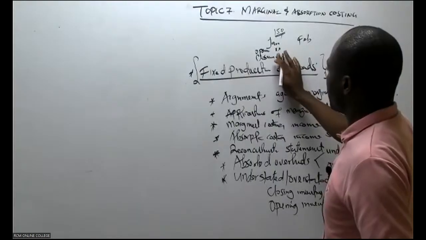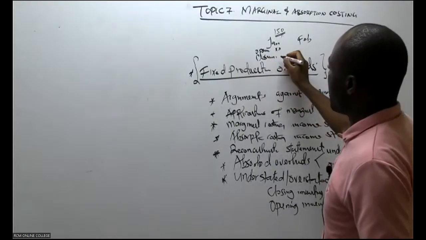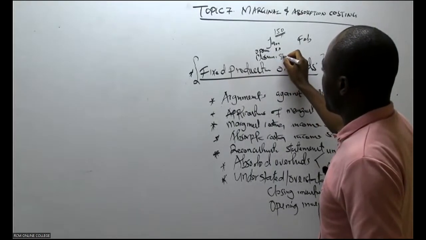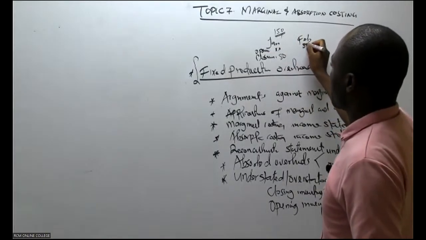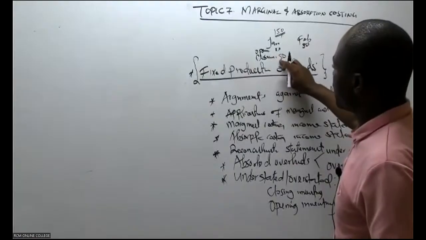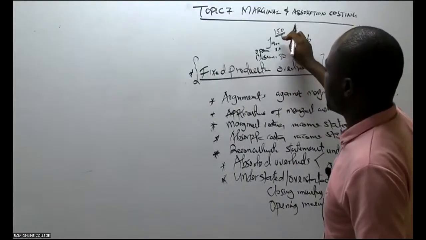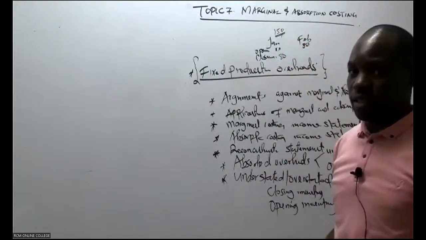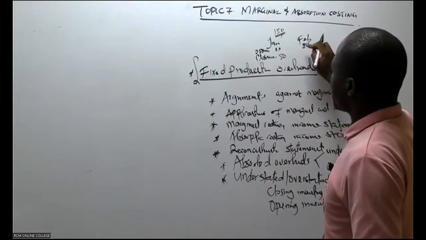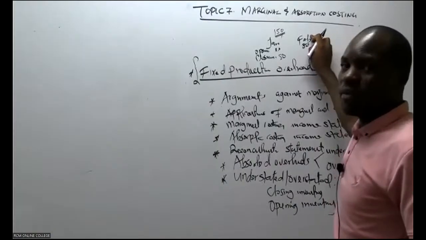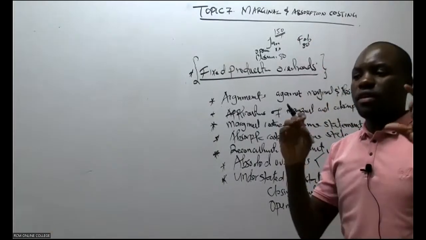So if the closing inventory in the month of January happens to be 80, it will be the opening inventory in the month of February. So we have closing inventory affecting the transactions in January as a closing inventory. We have the same closing inventory going to affect transactions in the month of February as an opening inventory.